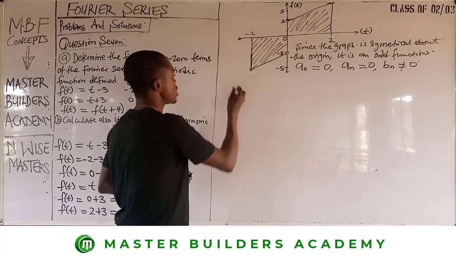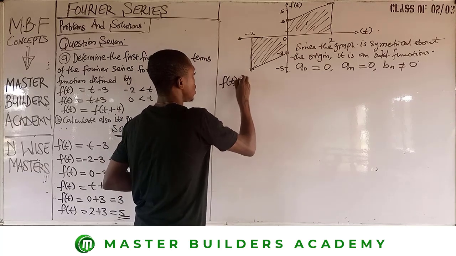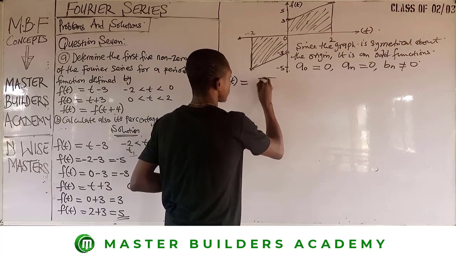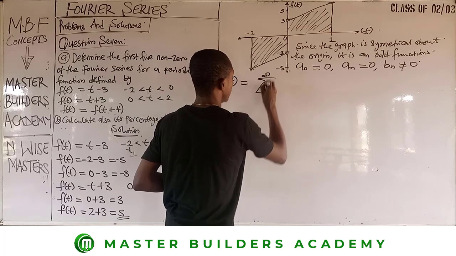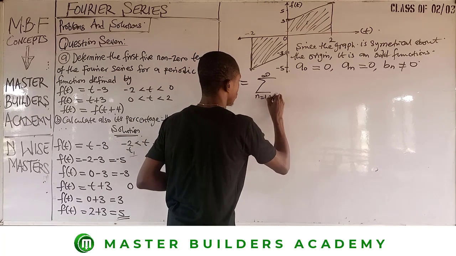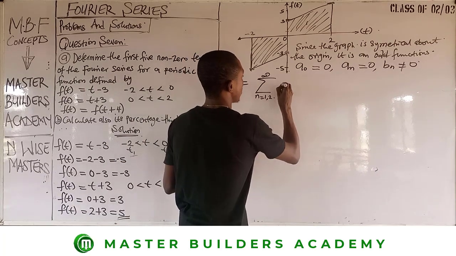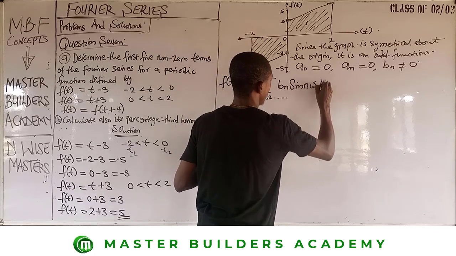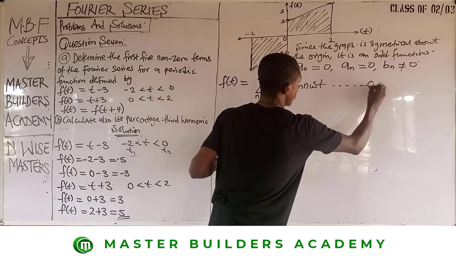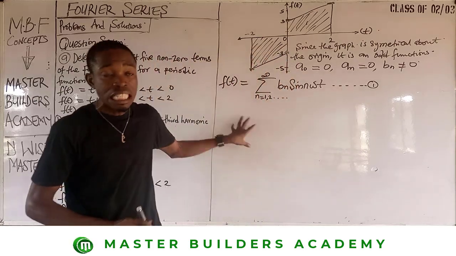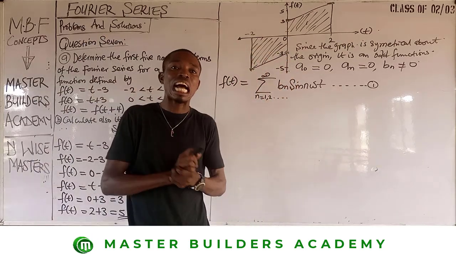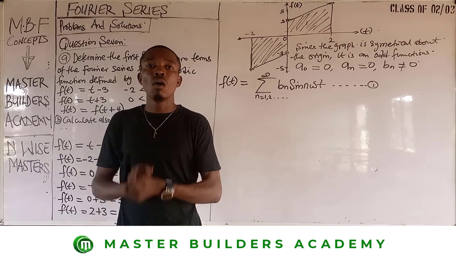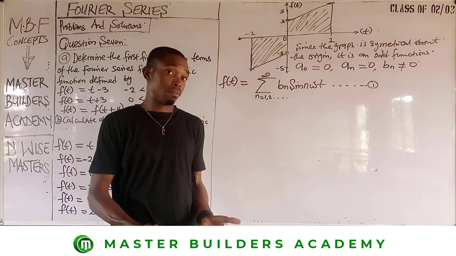The general equation would have become f of t is equal to summation to infinity, n equal to 1, 2, just like that, then we have bn sine n omega t. So we'll call this equation 1. This is our general equation for this function.